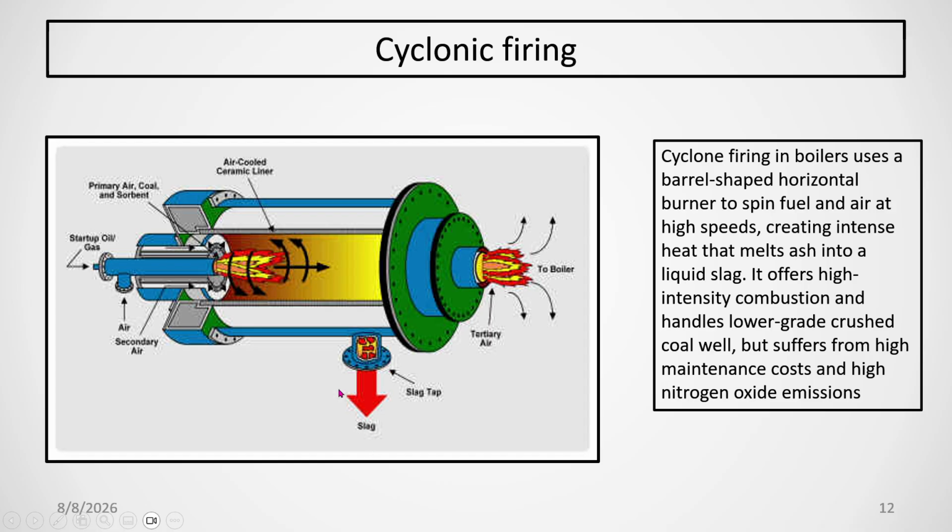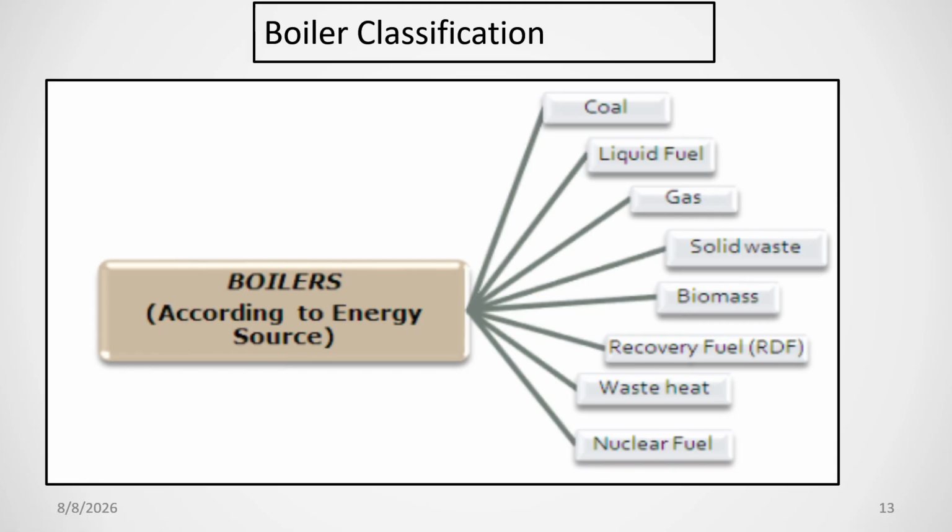It is so hot that the slag comes down. NOx formation will be there. This also offers high intensity combustion, and lower grade coal can also be used. This is one type of burner we are using in the boiler.